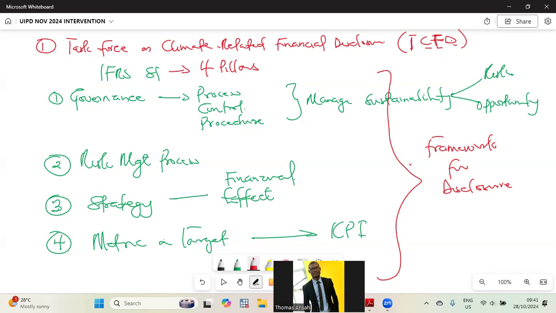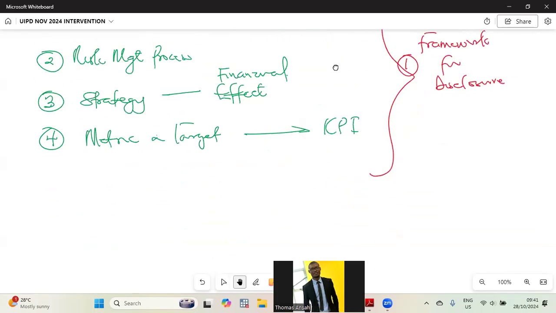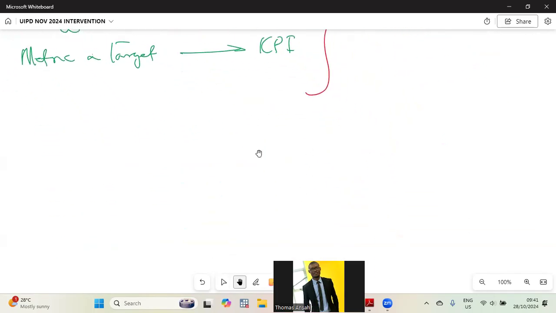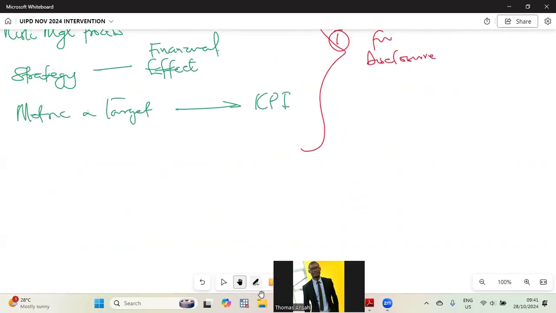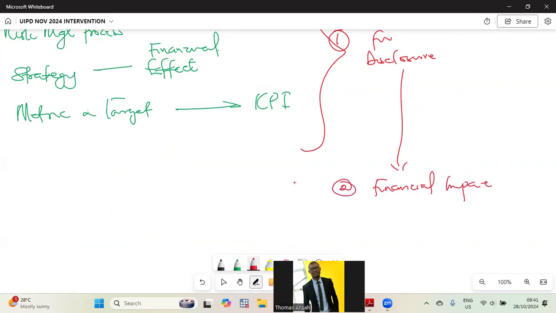Now, apart from the framework that has these 4, the task force is also saying that there must be a check on the financial impact. So you had a strategy, you are dealing with it. Maybe yours is financial. So what is the financial impact of these things?